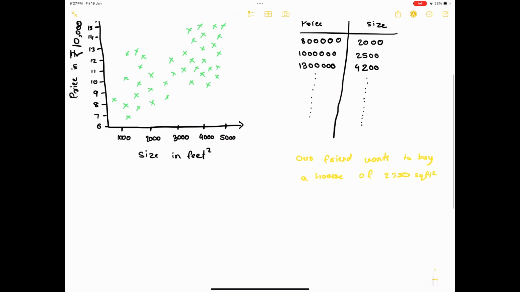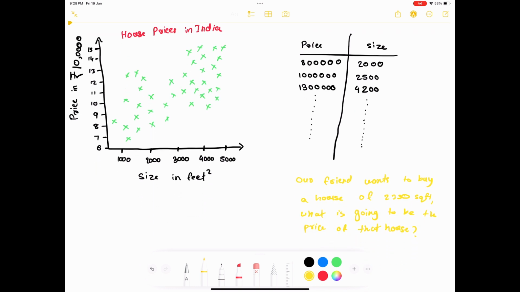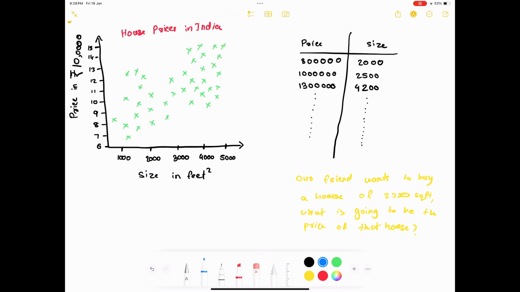So what is going to be the price of that house? What we can do is use this data that we already have to build a model to solve this problem.